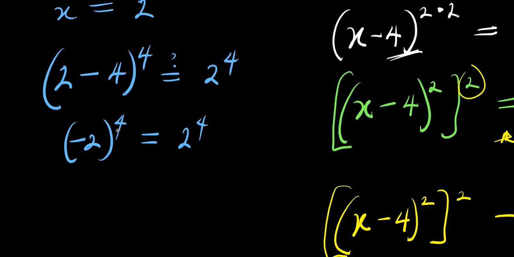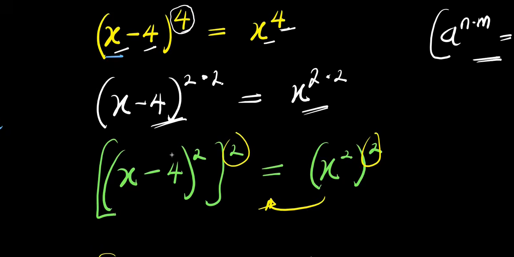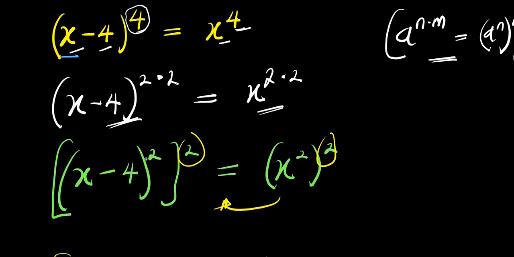And negative raised to an even number will give you positive. So this is 2 power 4, and 2 power 4 is 16, which equals 16. So this is how you can easily solve this exponential problem, step by step.